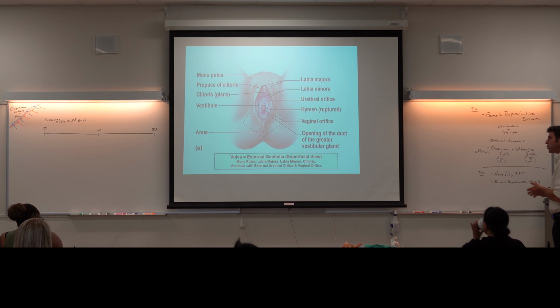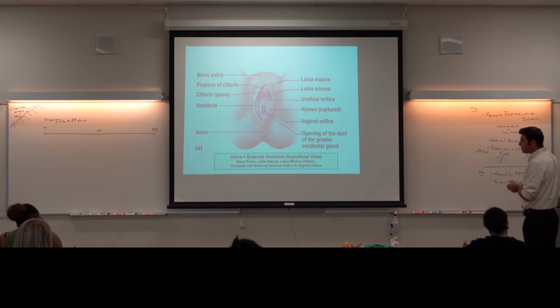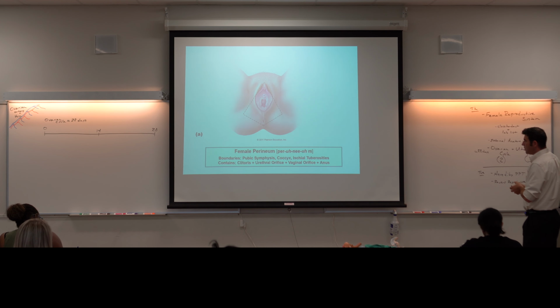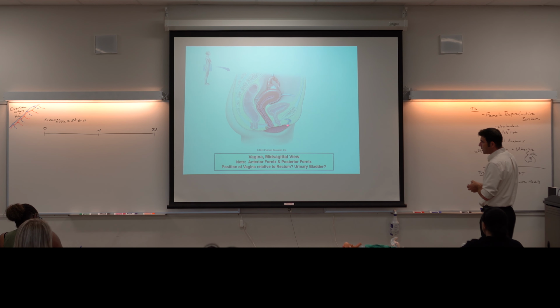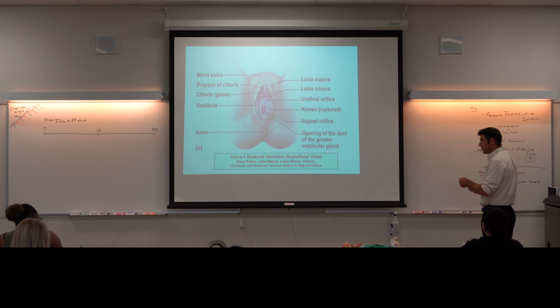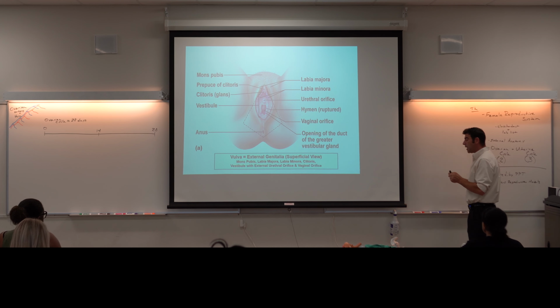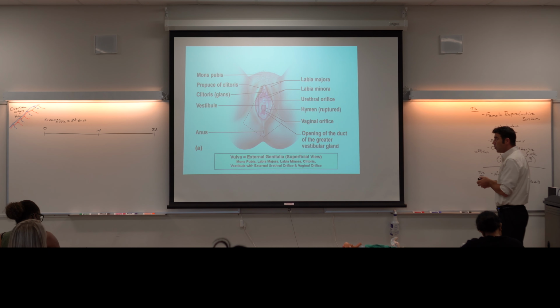We can see some of the structures within this perineum. It starts with this patch of erectile tissue that is homologous to corpus cavernosa in males, the clitoris in females. And like the glans penis in males that was protected by a fold of skin called the prepuce, this clitoris is also protected by a fold of skin called the prepuce.